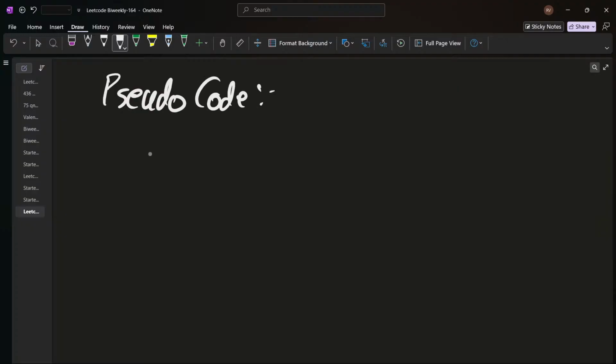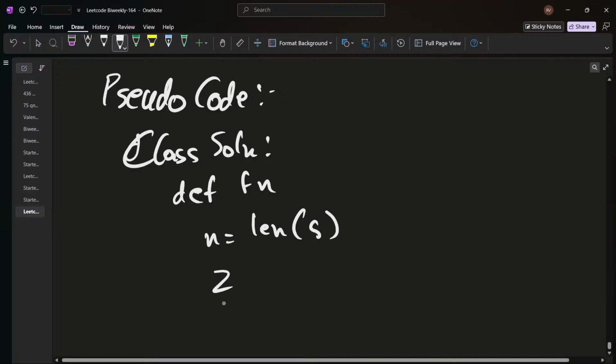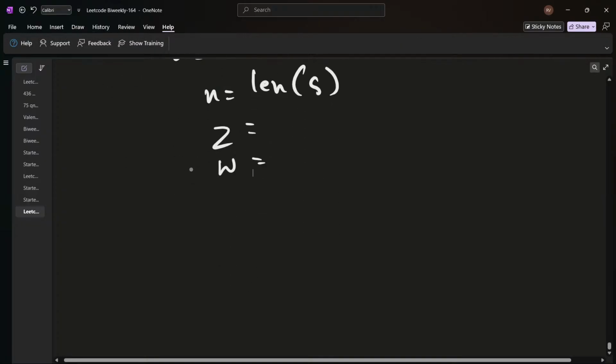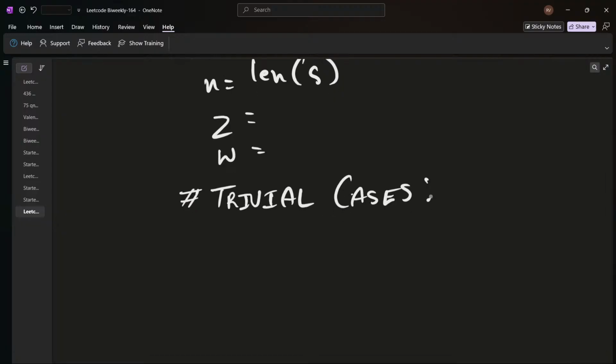I'll write it quickly. Okay, class Solution, define the function. n is equal to length of s, then take z, then take w, initialize them to 0. And then there are three special trivial cases. I have explained what they are.